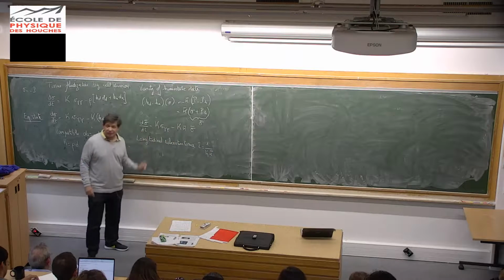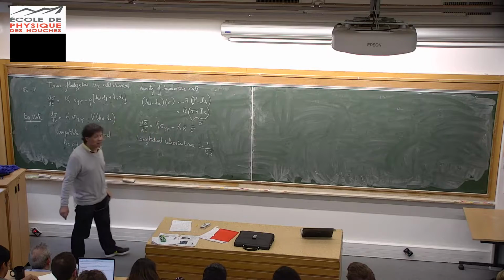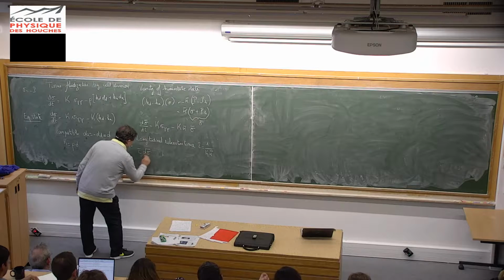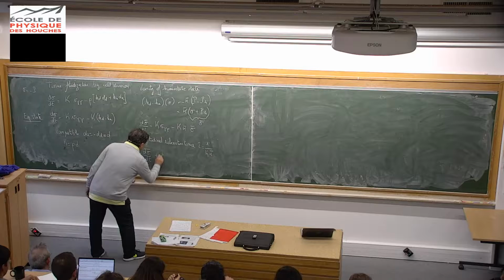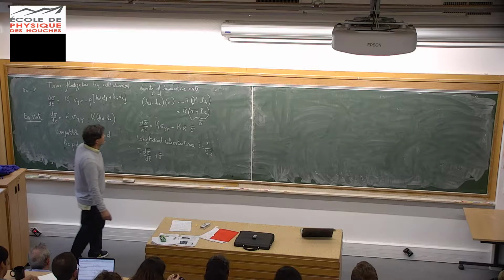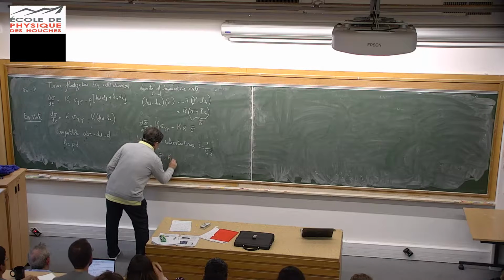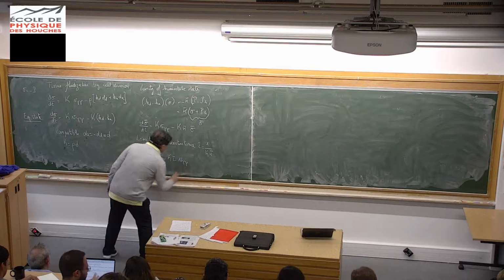And then I can switch this term on the left-hand side, and I multiply everything by tau. So it's tau d sigma bar dt plus sigma bar equals K times tau V gamma gamma.